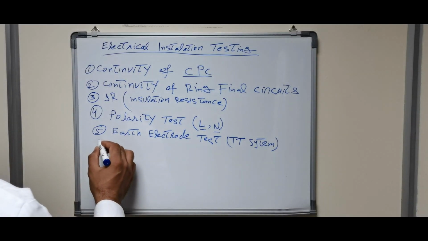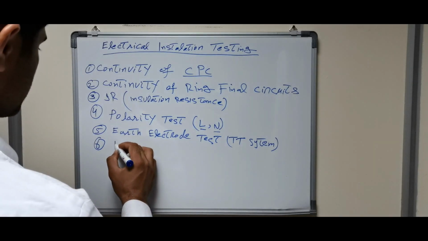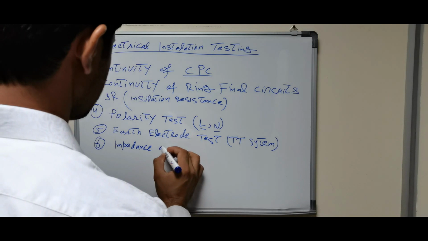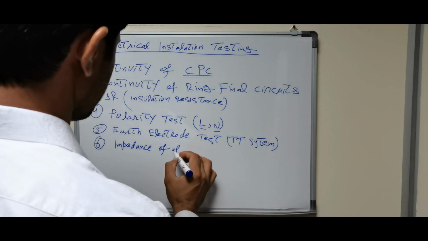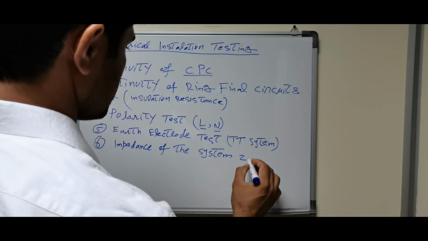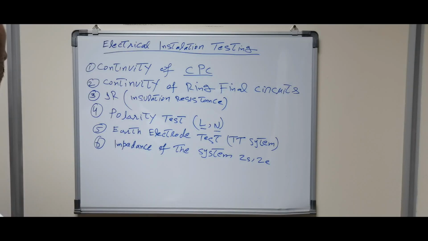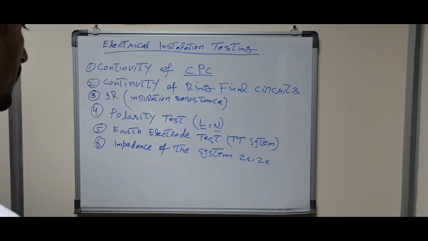Number 6 is impedance of the system. Internal impedance and external impedance. As we know, all our protective devices are dependent on the impedance of the circuit.